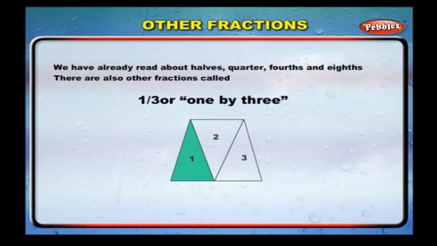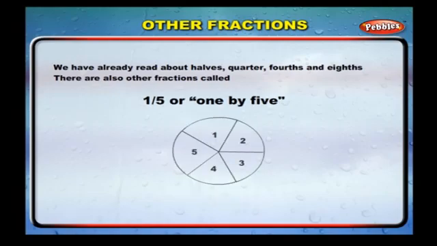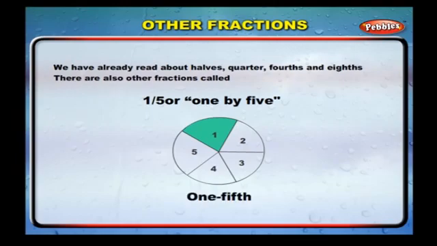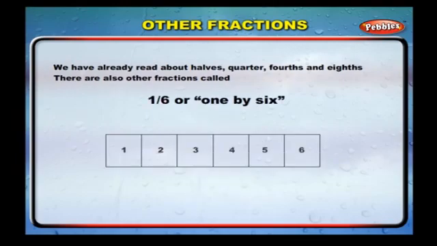When one part of the 3 parts is shaded, it is called 1/3. 1 by 5. When one part of the 5 parts is shaded, it is called 1/5. 1 by 6. When one part of the 6 parts is shaded, it is called 1/6.